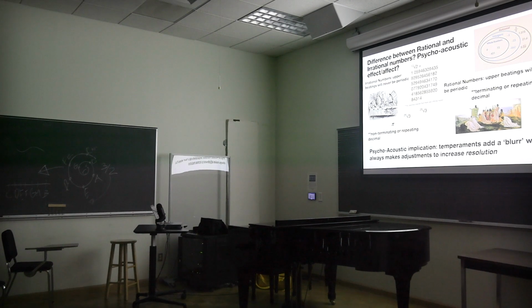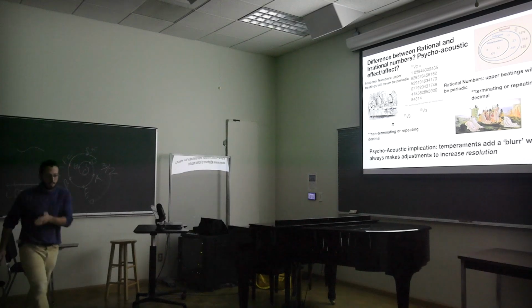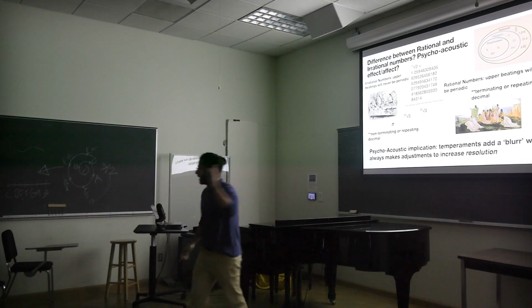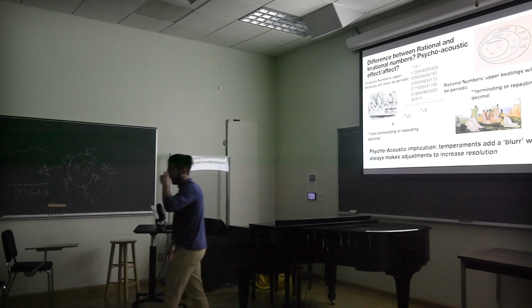Wait, no, it's 45 something. Whatever, it doesn't matter. So if I play that now justly, what's going to happen in the upper beatings is this. Let's see how my spatial perception is. Oh, I'll have to fudge it. But the idea is that it's going to be periodic, upstairs, so to speak. And that's the property of rational numbers when we listen to them.